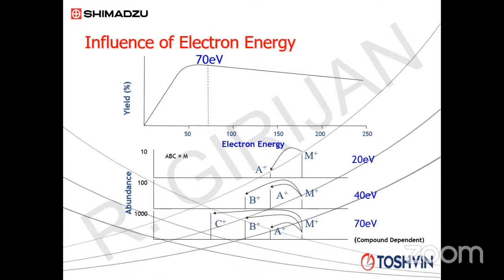So what I did, from 70 electron volt, we reduced it to 40 electron volt. When you reduce it to 40 electron volt, what is your observation? The intensity of the last ion, M plus, is increasing. And further, we came to 20 electron volt. You can see that the M plus peak has got enhanced. That means that is actually the molecular ion peak. That means I am getting information about the molecular weight.